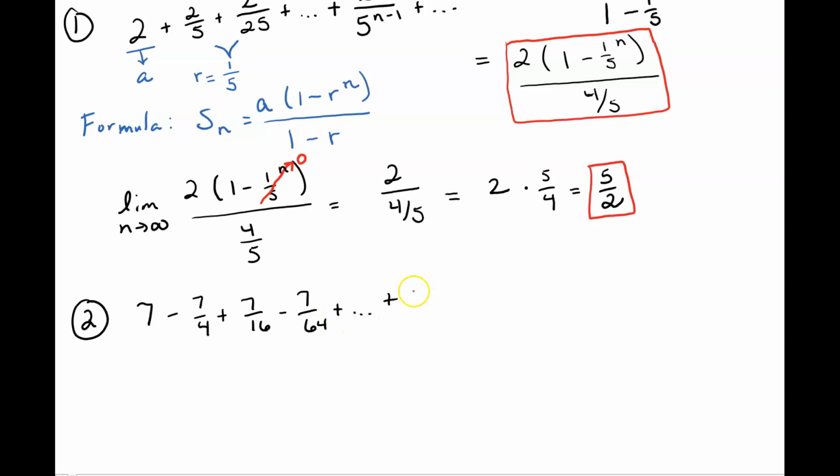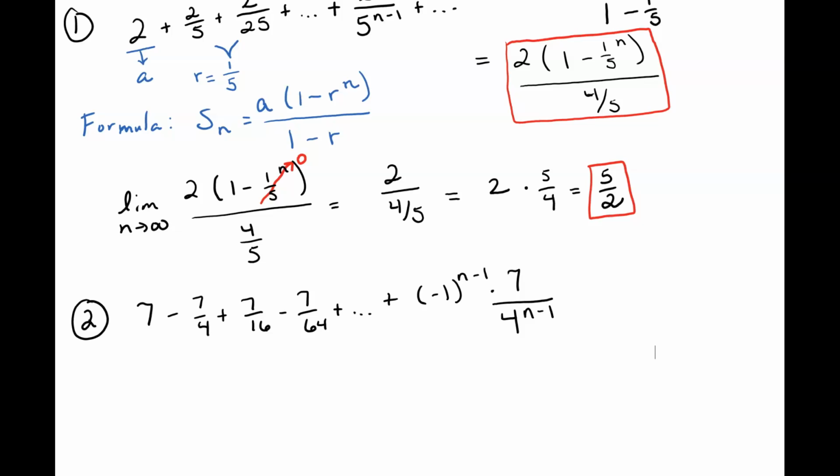All right, it's going to end up being something that looks like this: -1 to the n minus 1 times 7 over 4 to the n minus 1. So this is a fancy way of telling us what's going on here. But all we have to do is pluck out the a and the r. Okay, but kind of notice here that this alternates in terms of sign: positive, negative, positive, negative, positive, negative, right?